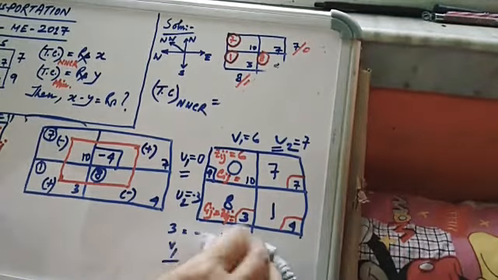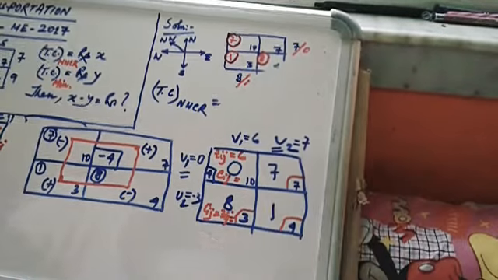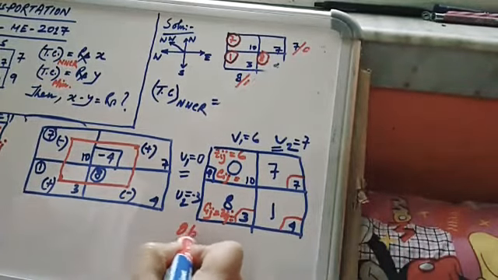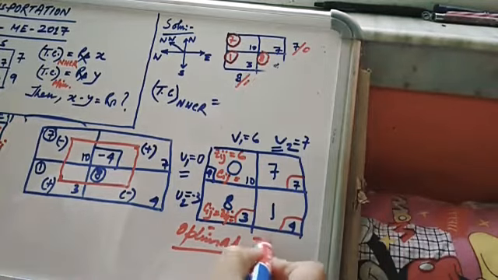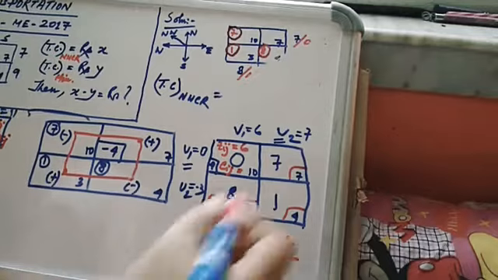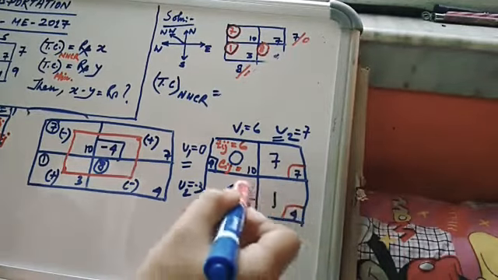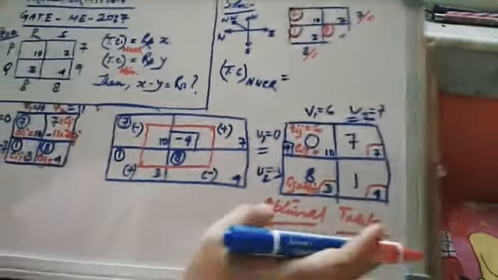So our work is done over here. We have got this table, and this table is the optimal one. So we have to calculate the values of the allocated cells, and similarly we have to calculate the transportation cost.